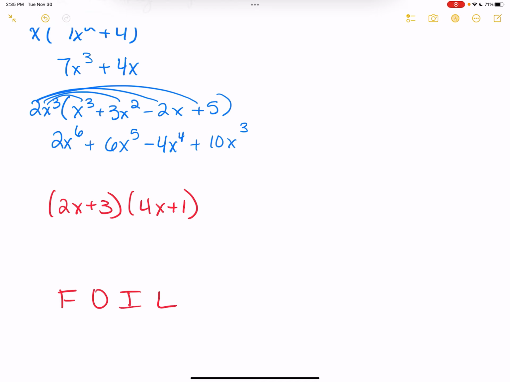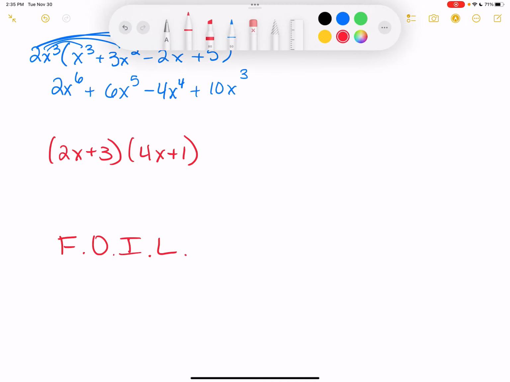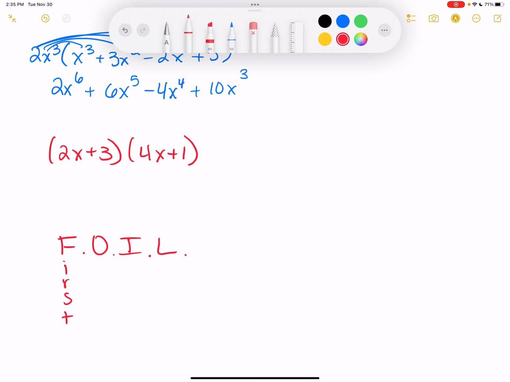What we're going to do is first, outside, inside, last.